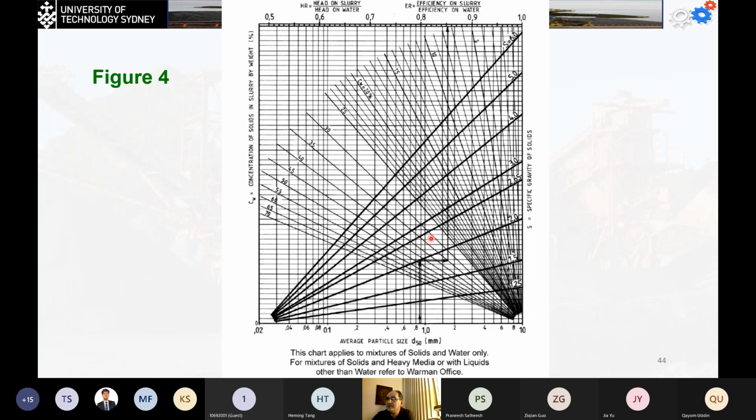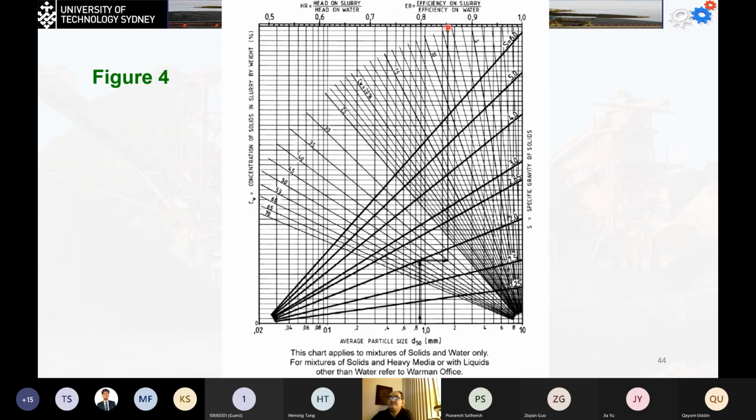So I'm moving until I intersect with the 25% line, which is that one. Once again, 9, intersect with the 2.65, move horizontally until I intersect with the 25%. Now, when I got that, I just make another line straight upward, and this will give me the HR and the ER.